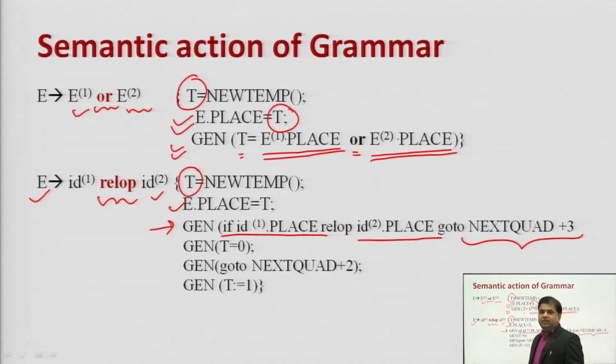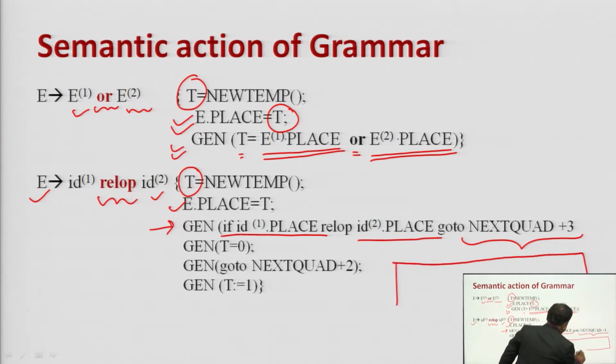So, what is the meaning of next quad? Next quad means that this is a quadruple array, right. So, this is the address, this is 1, this is 2, this is 3, this is 4.